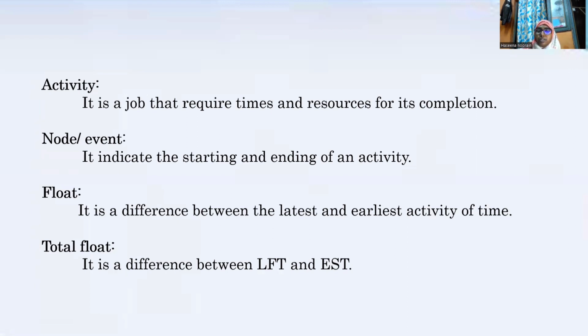Float is the difference between the latest and earliest activity time. And the last one is total float. It is the difference between latest finish time and earliest start time. By deducting the earliest finish time from the latest finish time, we get the float value to analyze the project evaluation and review technique.